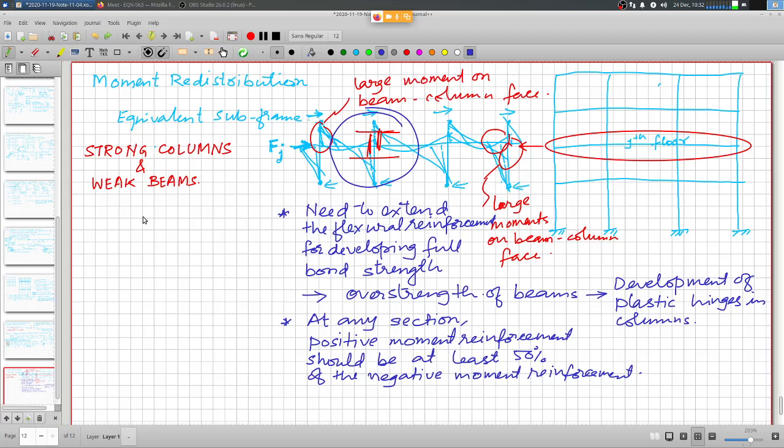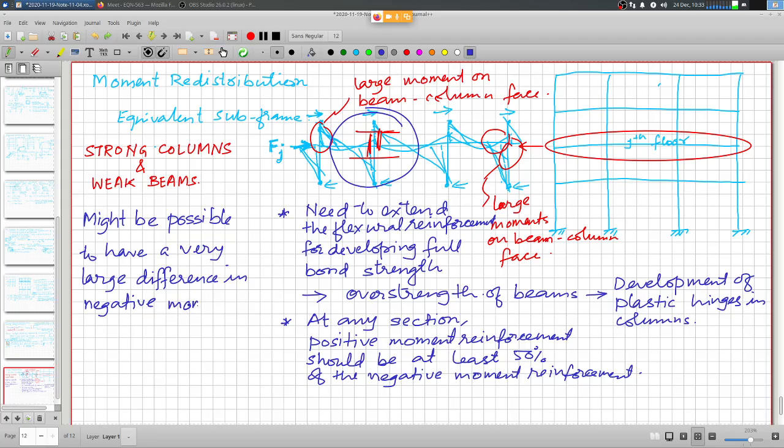But you will find that the first problem is that it might be possible to have a very large difference in negative moments and positive moments.